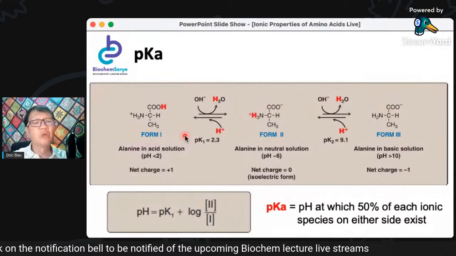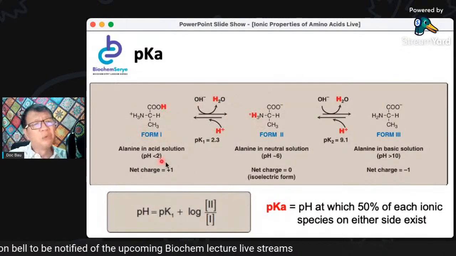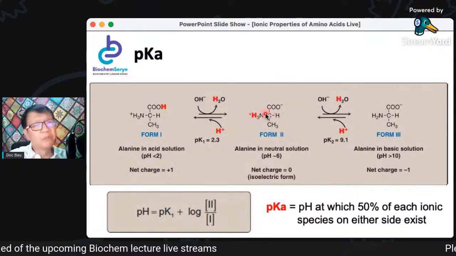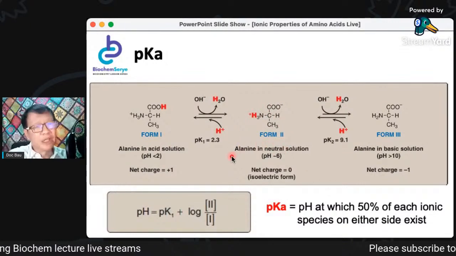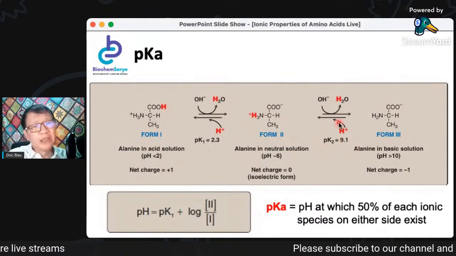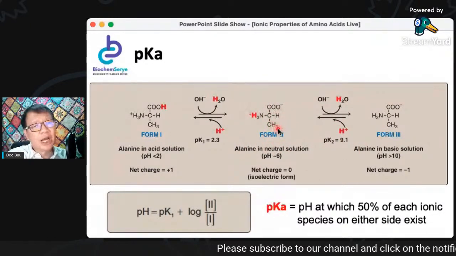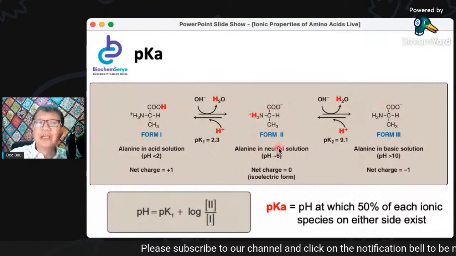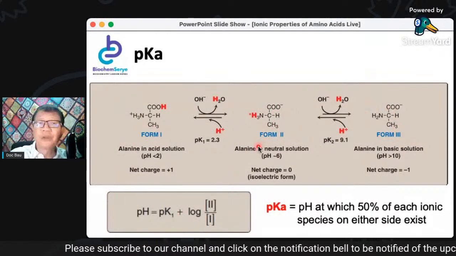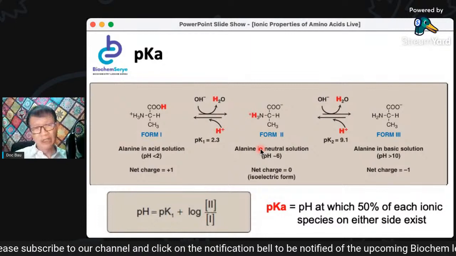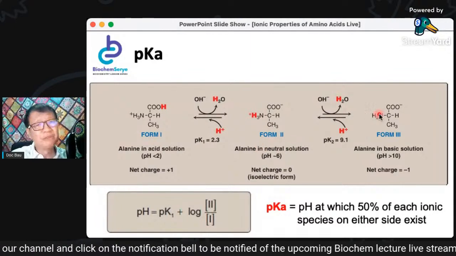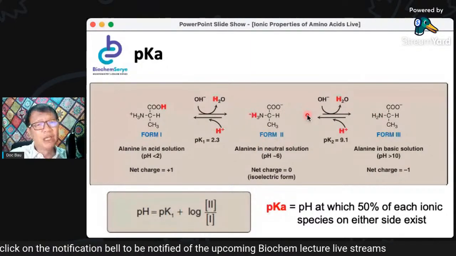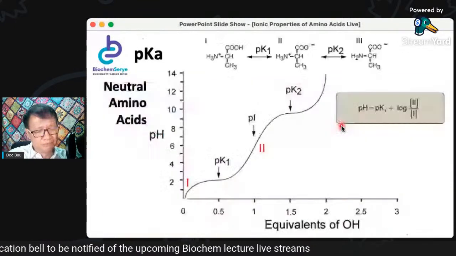On the other hand, if you keep on titrating, so this is your zwitterion and this is your anion, if both of the species exist in the same amount, that is the pKa of your amino group.